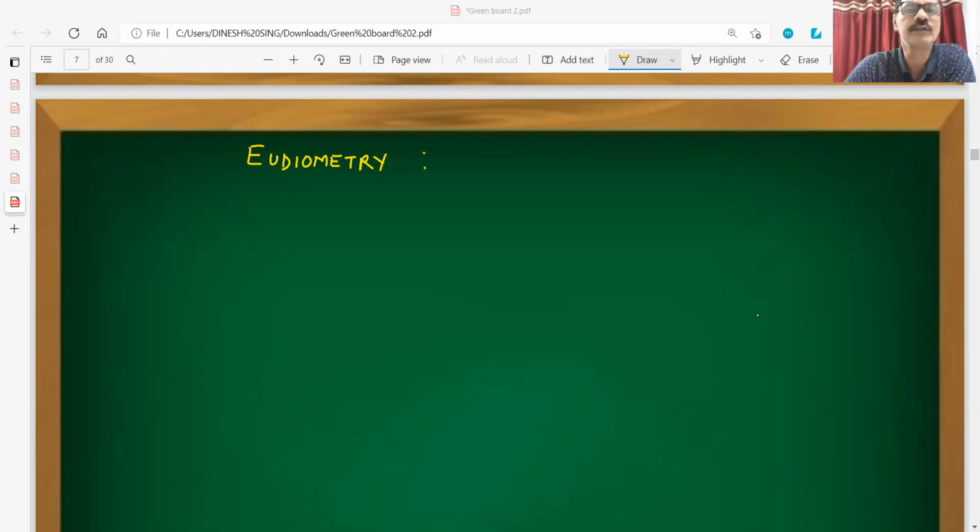Today we are going to discuss eudiometry, and in eudiometry basically we analyze all the chemical calculations related to the combustion process. If any compound, that is basically an organic compound, undergoes combustion, it will convert into carbon dioxide and water.